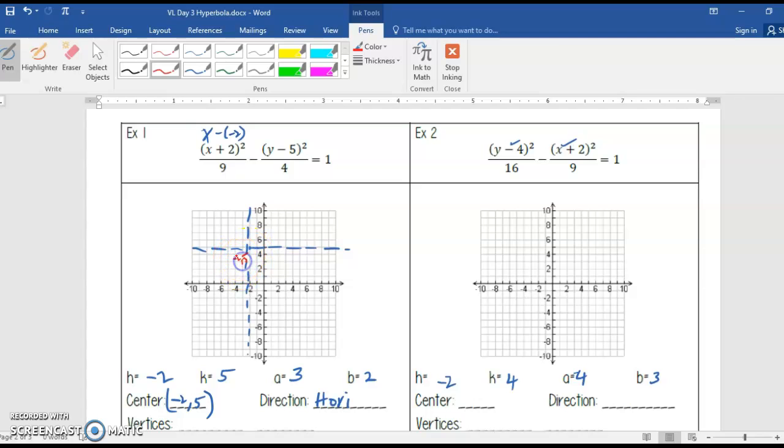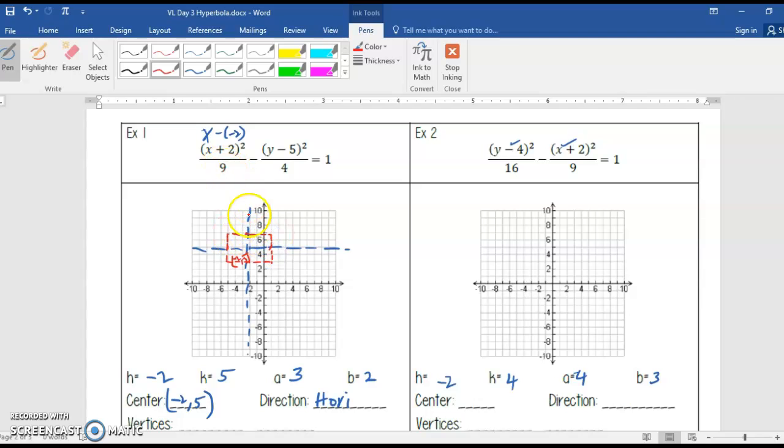Let me write that down quickly. 3 units to the right, which is here, 3 units to the left, 1, 2, 3. And b would be 2 units up and 2 units down. Now you have to draw the rectangle. All of this would be in dashed lines.